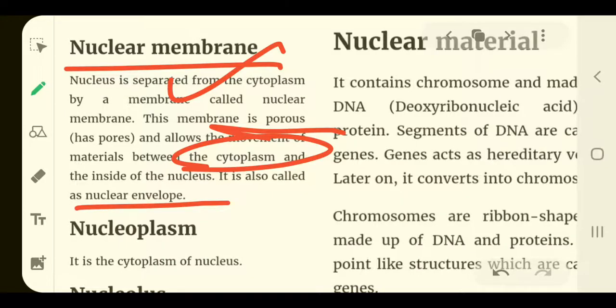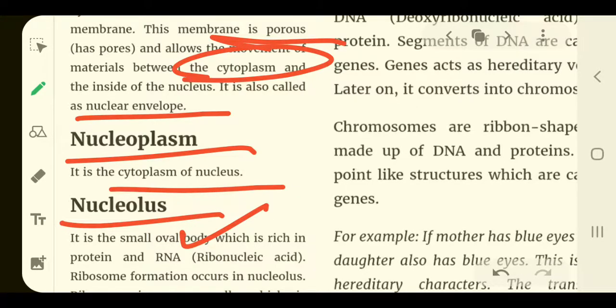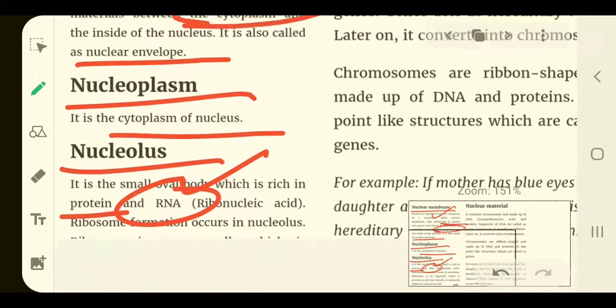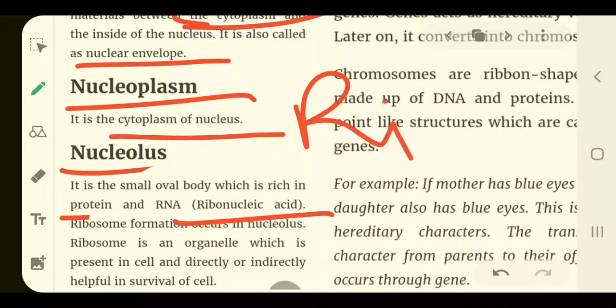Then I have told you it has a liquid content called nucleoplasm. It is the cytoplasm of the nucleus, you can call it. And then the nucleolus. It is a small oval body which is rich in protein, and there is a new word called RNA. So write down the full form for RNA. I have told you for DNA. RNA is nothing but ribonucleic acid.